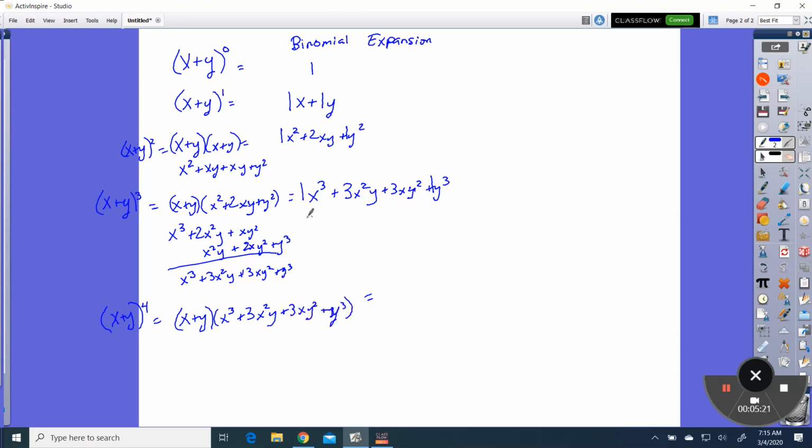But it goes out to be this. X to the fourth plus 4x cubed y plus 6x squared y squared plus 4x y cubed plus y to the fourth. Are you seeing any kind of a pattern?